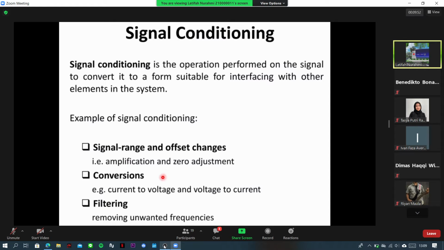And also conversion is also signal conditioning. From the name, conversion means we convert, let's say, by using RTD, we get the current, but then we need it in voltage. So you need to convert the signals from current to voltage, or from voltage to current, depending on the needs. And also filtering. Filtering is to remove all the noises, all the unwanted frequencies.